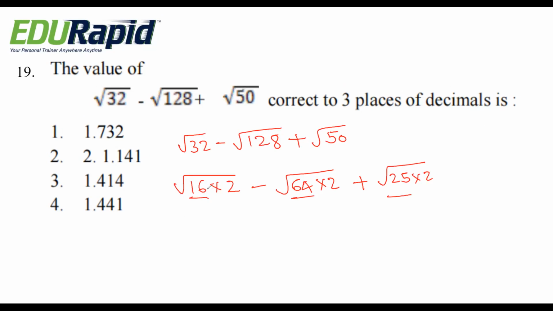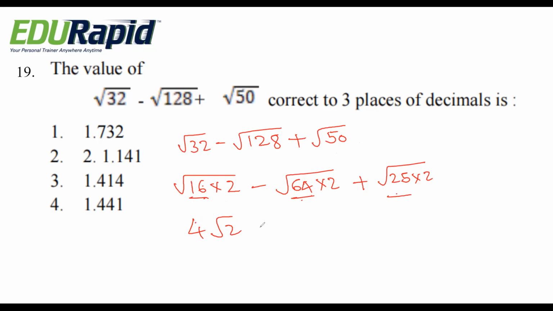That's why that table is very, very important. If you know those numbers, you can play according to them. 16 twos are 32, 64 into 2 is 128, 25 into 2 is 50. All these 16, 64, 25 are square numbers. Splitting, square root of 16 into square root of 2 becomes 4 root 2.